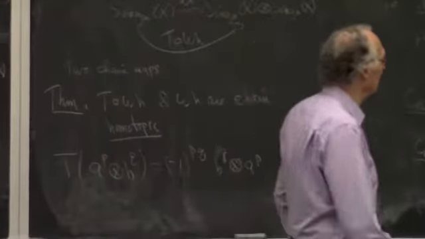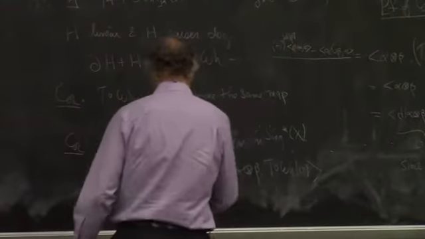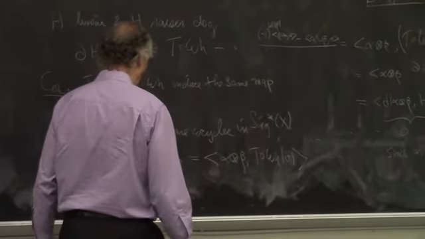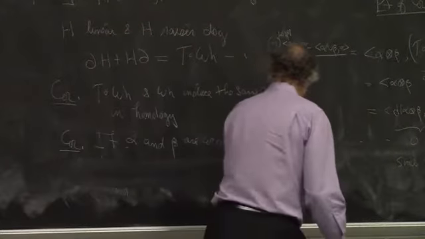Yeah, I sort of switched in midstream, didn't I? If alpha, beta are cocycles, then this is equal to that. And no, that's not right.